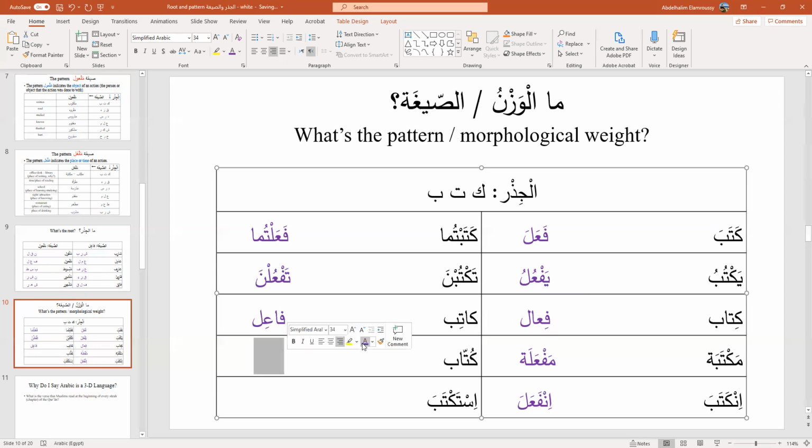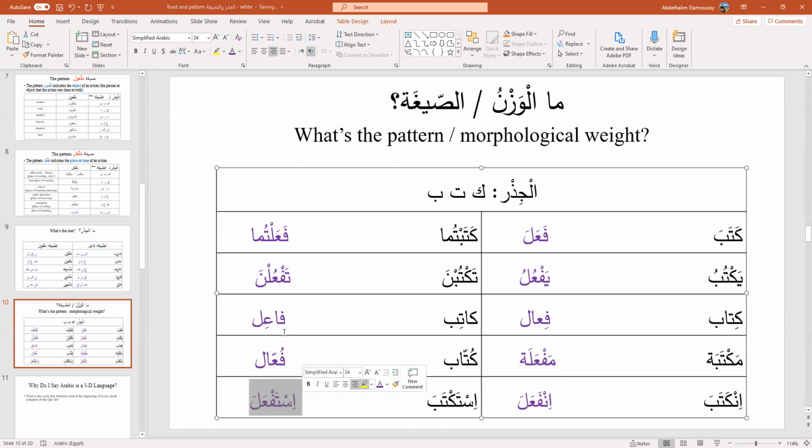Istaktaba. Again, the only letters that will be replaced with fa, ayn, lam are these last three. The kaf, ta, and ba will be replaced with the fa, ayn, lam respectively. Everything else will stay as it is, including the short vowels. So istaktaba, that's istaf'ala. ممتاز.